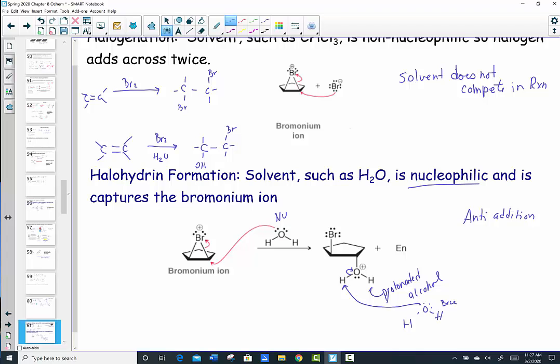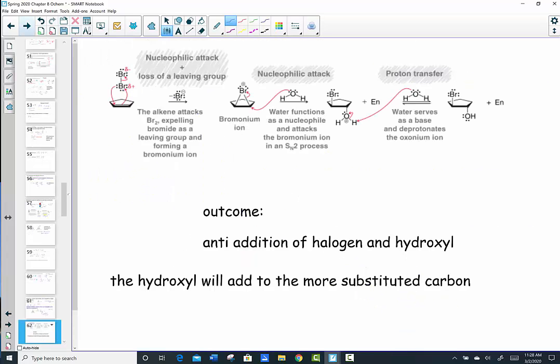Instead of the second bromine acting as the nucleophile, water acts as the nucleophile. It is a stronger nucleophile. So here's the outcome. When I have my bromonium ion, the alkene attacks bromine, expelling that as a bromide. Here's your bromonium ion. This prevents rearrangement, right? There's all carbons with 4 bonds. Everything is sp3 hybridized.